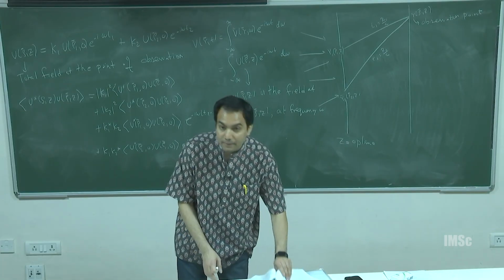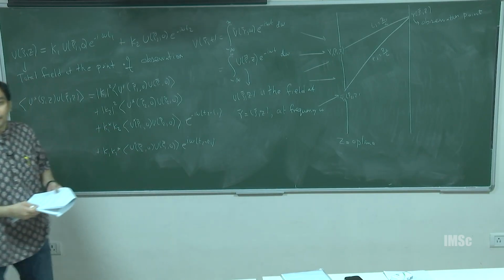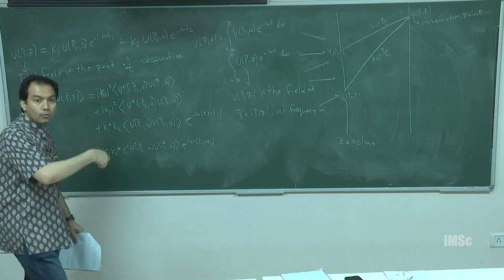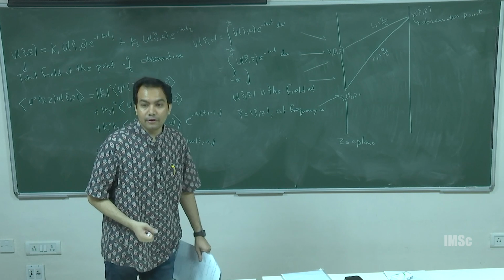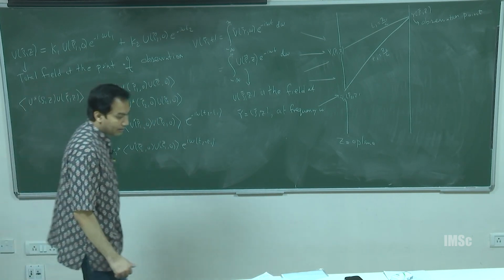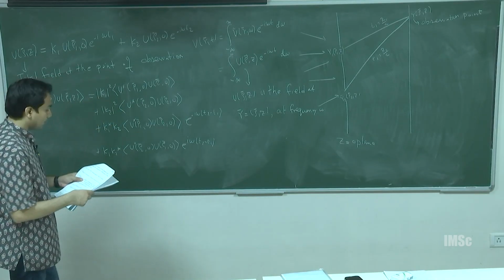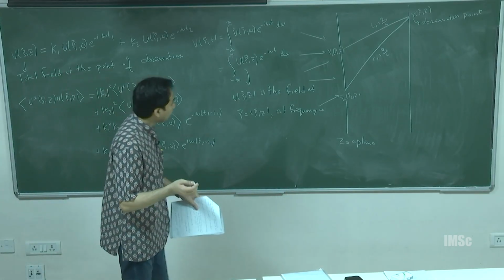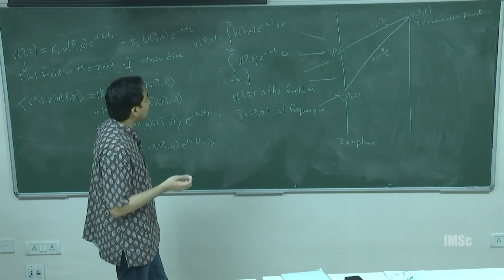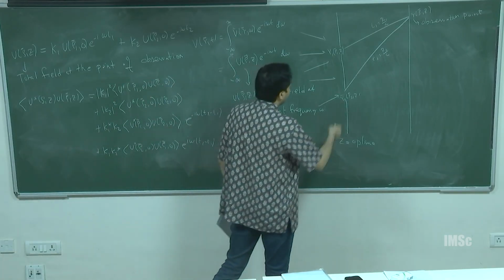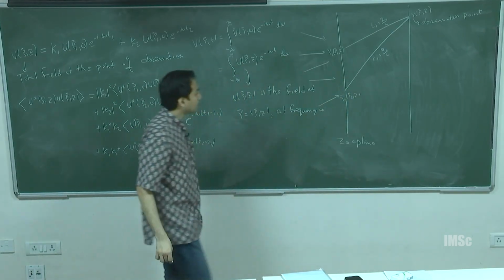So the goal will be to calculate quantities similar to what we did in the case of temporal coherence. So what I was saying was that by looking at the intensity at the point of detection, we can obtain information about the spatial correlation between the fields at the source plane.